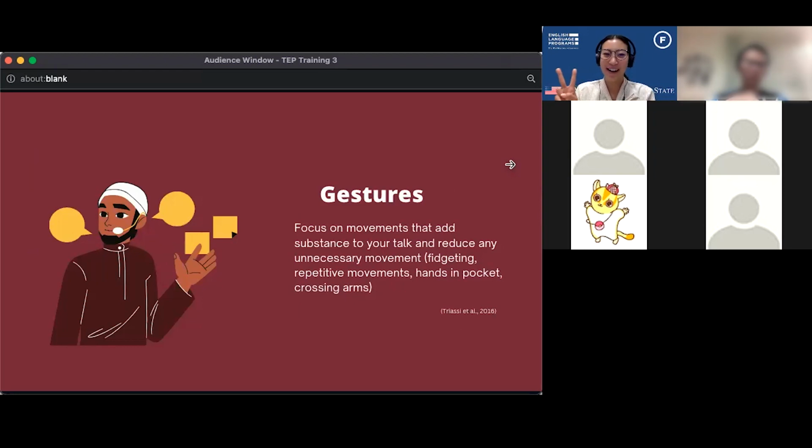The second part, which I've noticed can be more challenging especially in Japan, is gestures, right?